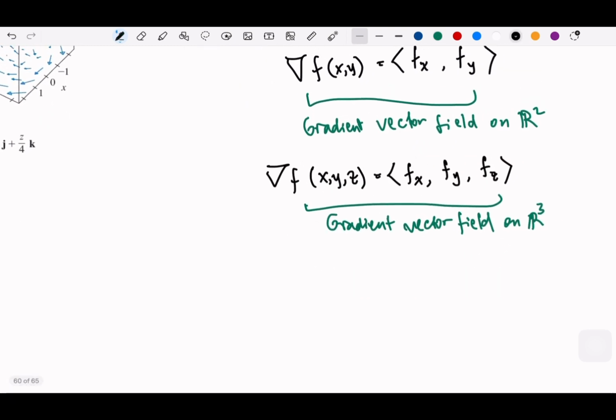there's another definition that we call a conservative vector field.